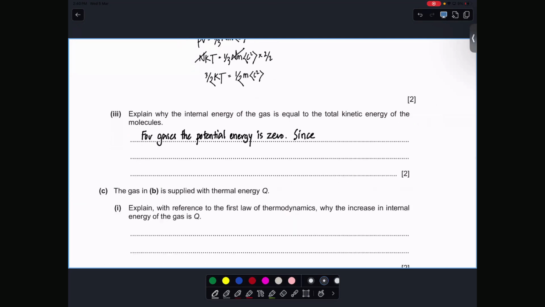Since internal energy is the sum of K and P, internal energy is equal to K. I think it should be fine. Like del U equals to K plus 0 for potential.